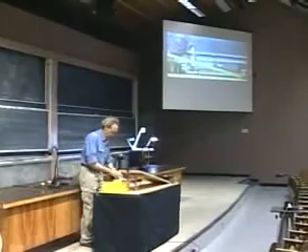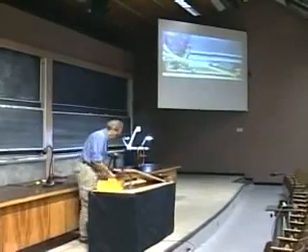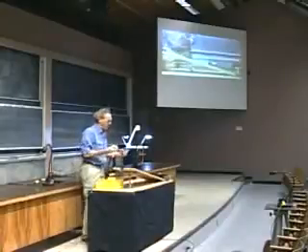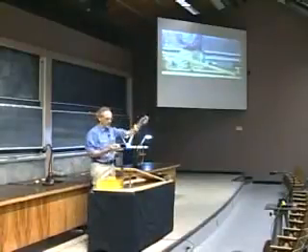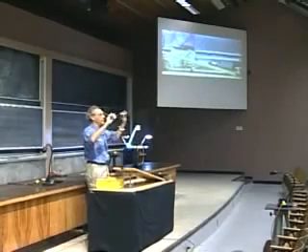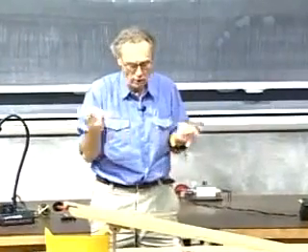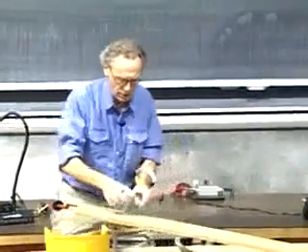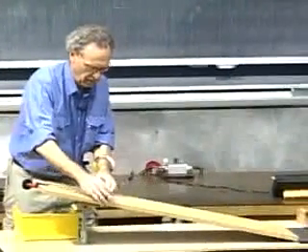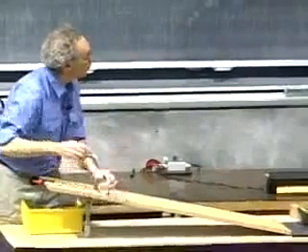I have here, to start with, a very heavy cylinder made of brass, and this one is made of aluminum. They have very different masses, same radii, same length. Should make no difference. There should be no winner. There should be no loser. I'm going to start them off at the same time. I hope you can see that there.